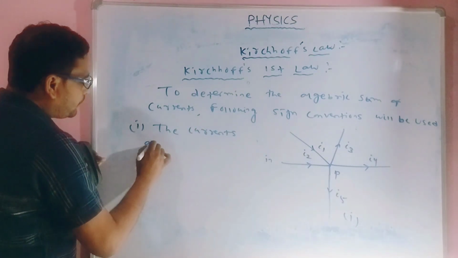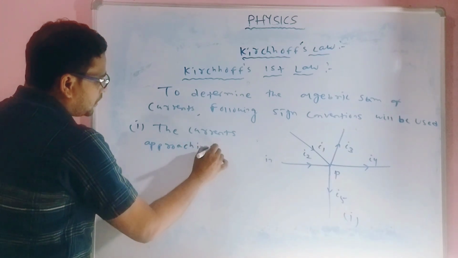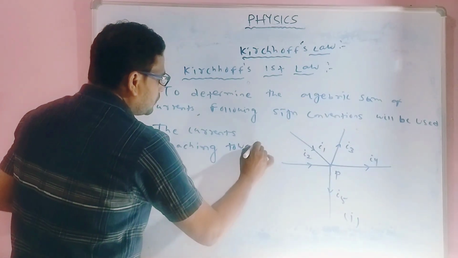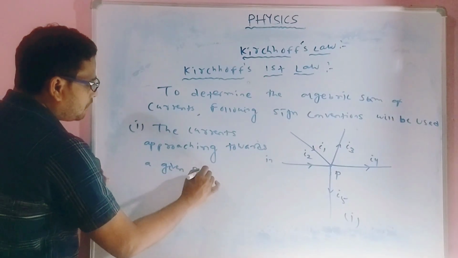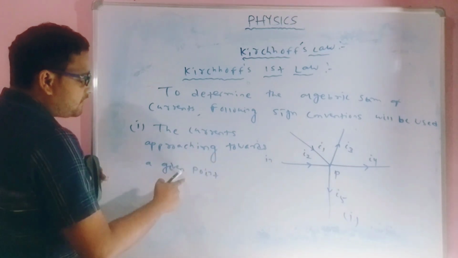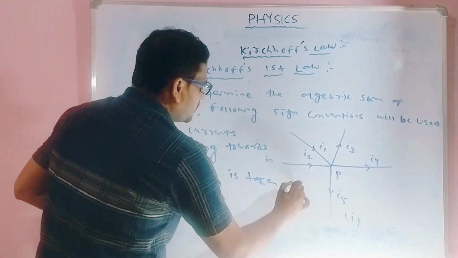The currents approaching towards a given point are taken as positive.